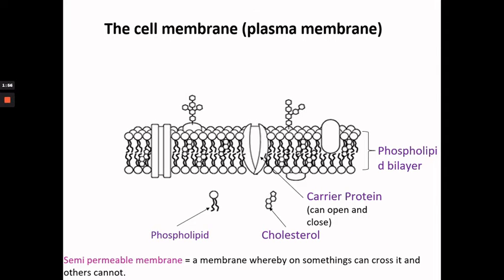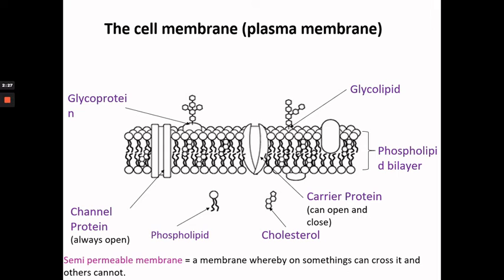We also have some proteins inside, and their job is to help to move materials. There are two types here: the channel proteins and the carrier proteins. The difference between them is that the carrier proteins can open and close, but the channel proteins stay open all the time. We also have glycoproteins, which are just glucose joined together with some proteins, and glycolipids, which is glucose joined with a lipid.